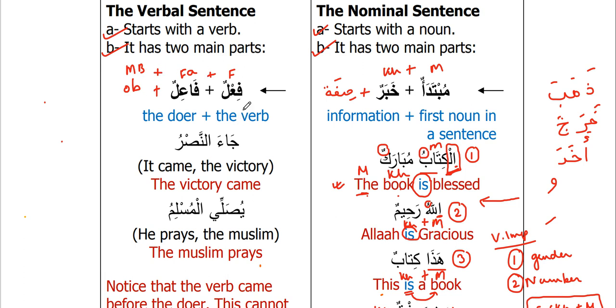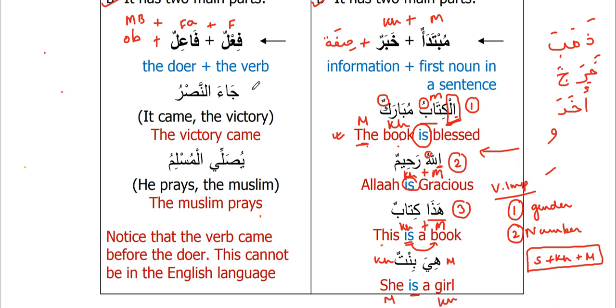For example, the first one is ja'a an-nasru. Ja'a, a fi'l madi, means he came. But here, an-nasr is not human, it's just a noun. So one may ask, can a noun, an object, meaning a non-living or ghair aqil, come in the place of the doer? Yes, it may come. Nasr means the victory.